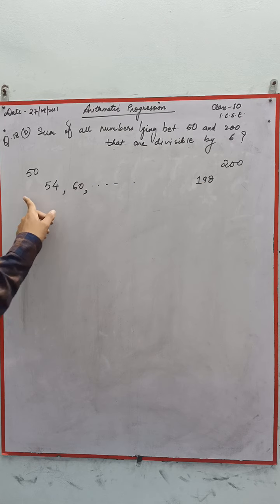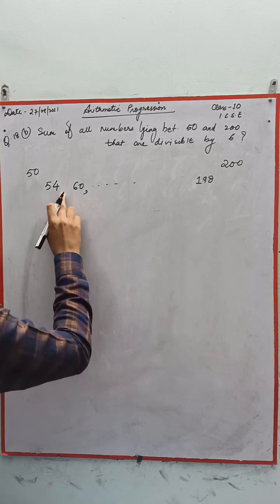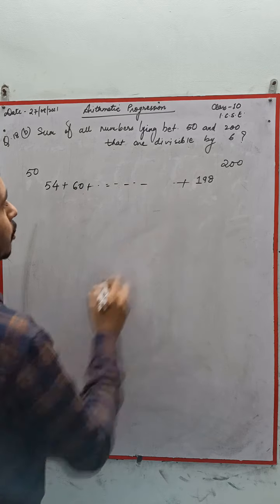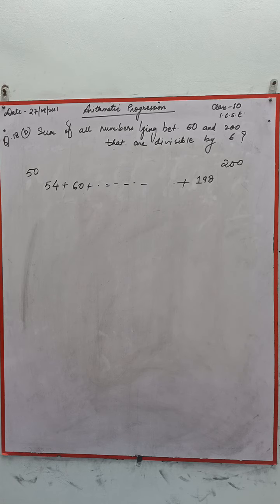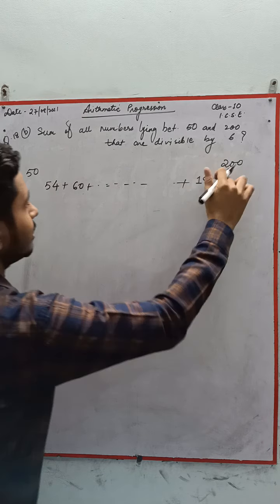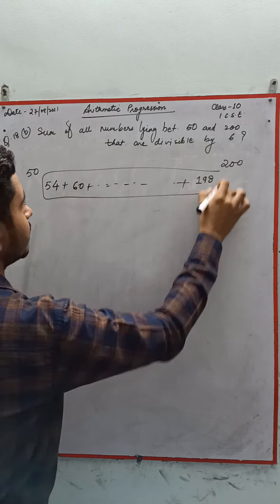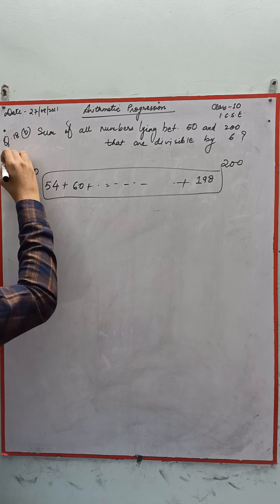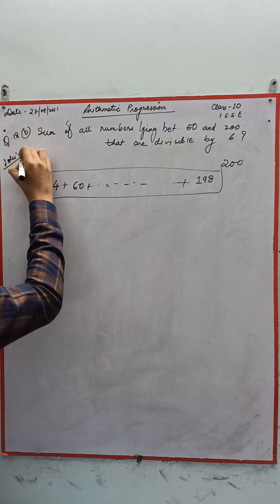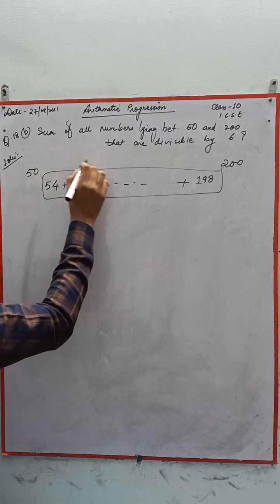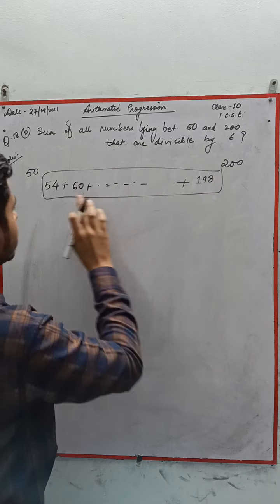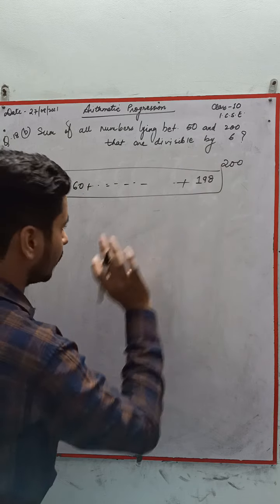So we have the series in such a way, and they asked to find the sum of this progression. Now this will be our main progression. We need to find the sum of these terms. From here you can write the solution. First of all, the numbers lying between 50 and 200 which are divisible by 6: 54, 60 and so on up to 198.